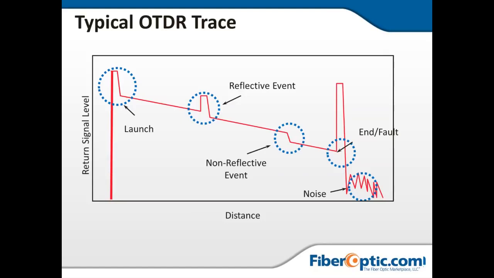If we launch right into the first connector of the fiber under test, I really don't get a very accurate measurement for the first couple 100 meters of that fiber, and I certainly don't get a very good measurement of that first connector. So by putting that launch box in place, I get to back that fiber up 100 meters if it was multimode, or maybe 1 kilometer if it's single mode.